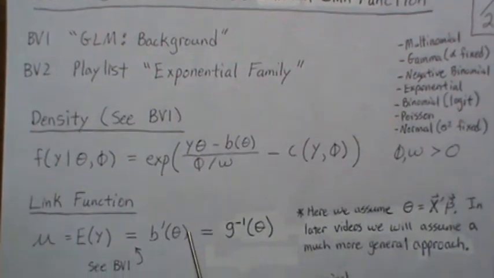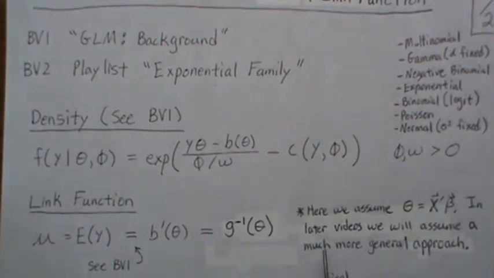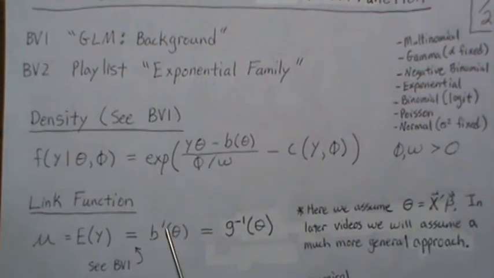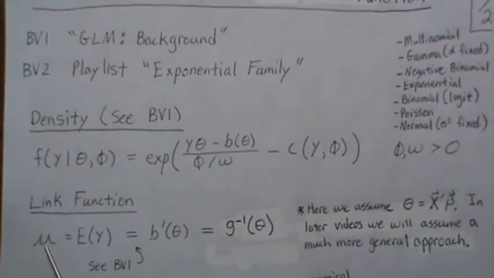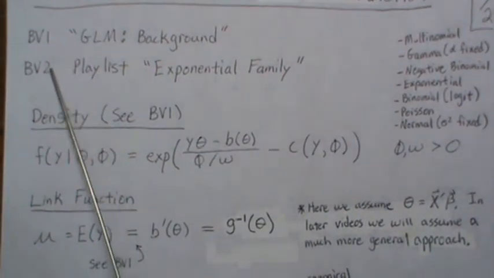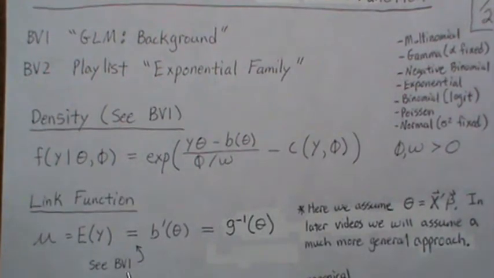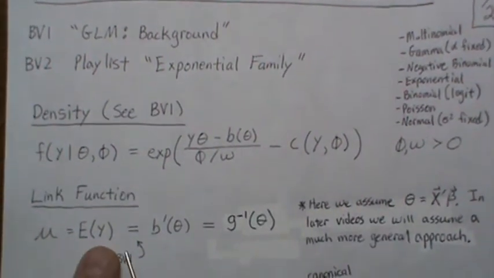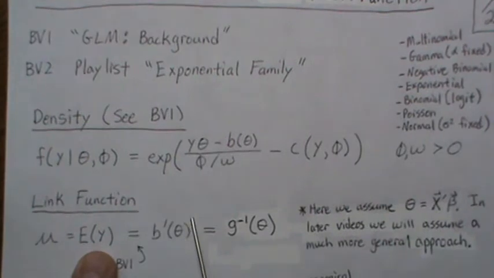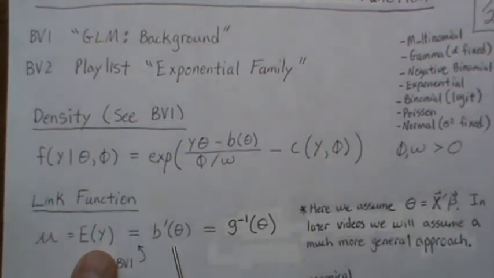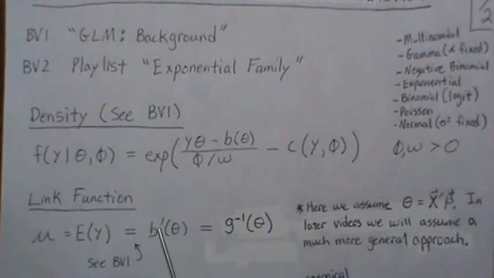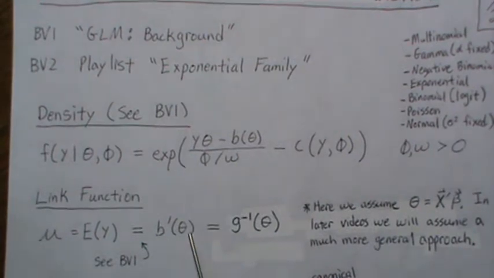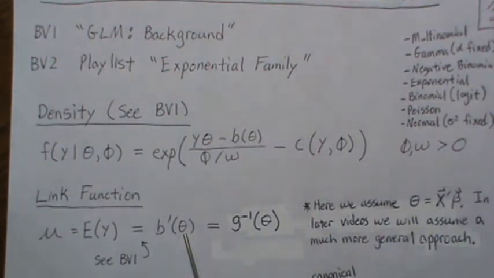Okay, so the link function is this. We know from B V2 and B V1 that the expected value of y is actually the derivative of our log partition. Okay, so B prime is a function of our canonical parameter.